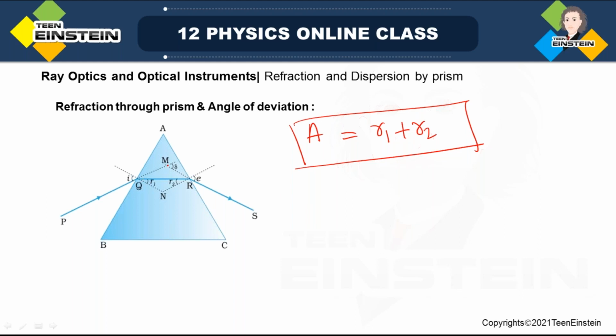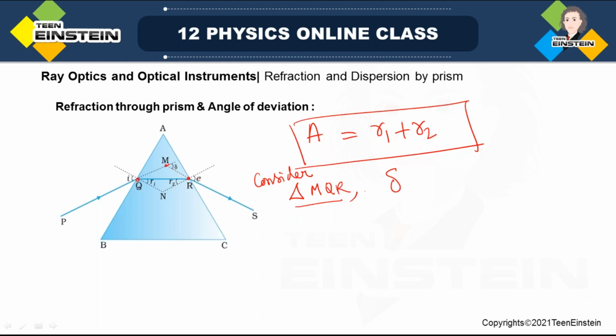Look, if I consider the triangle M, Q, and R. This triangle, these are the vertices M, Q, and R. So if you consider this triangle, delta is the exterior angle.